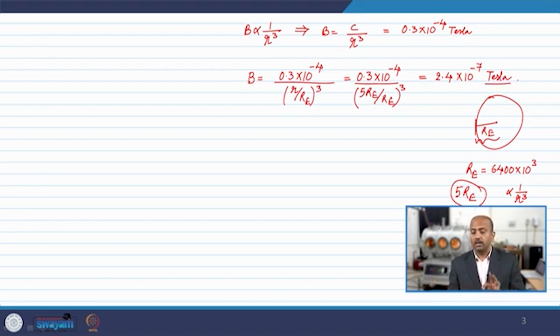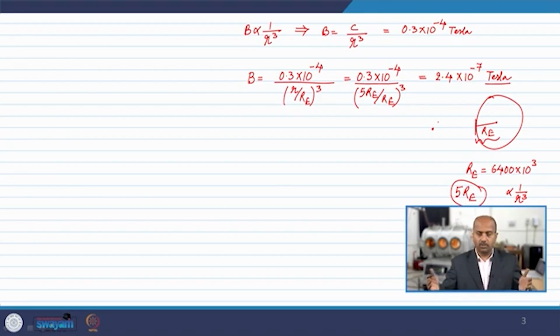This is the magnetic field available at a distance of 5 RE. If it falls off to this value at this distance, then you are asked to find out the value at that distance.